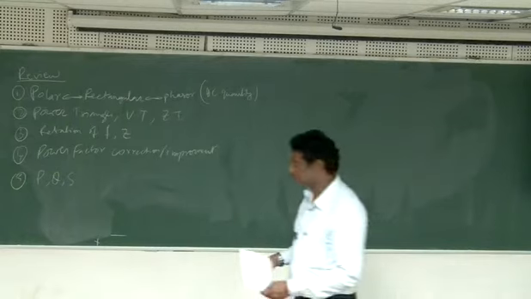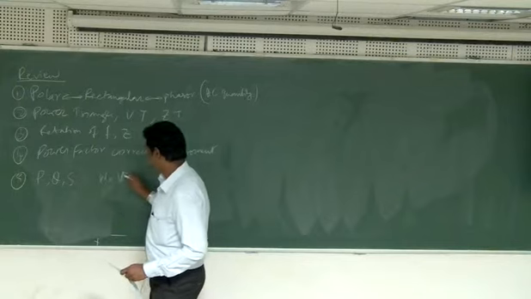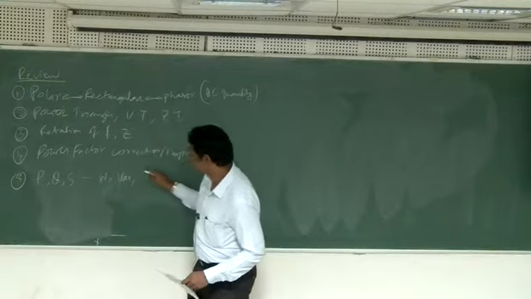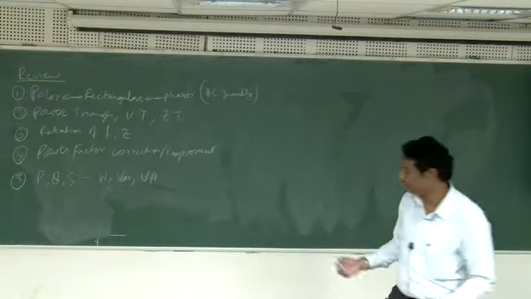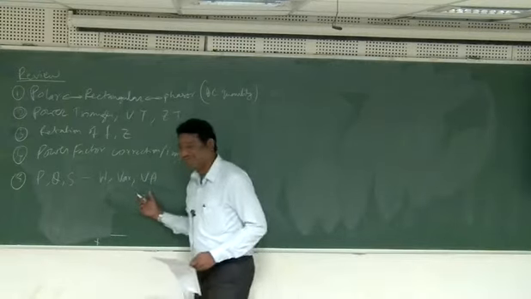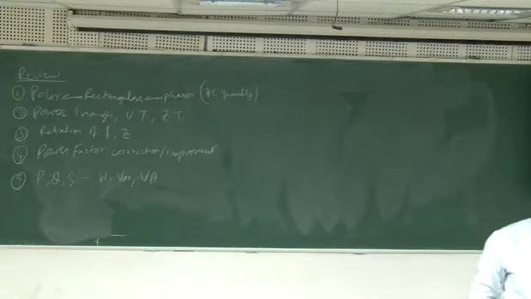P is in watts, Q is in vars, and S is in VA, volt amperes. You can use kilowatt, kilovar or kVA, or megawatts, megavar and MVA. What else?